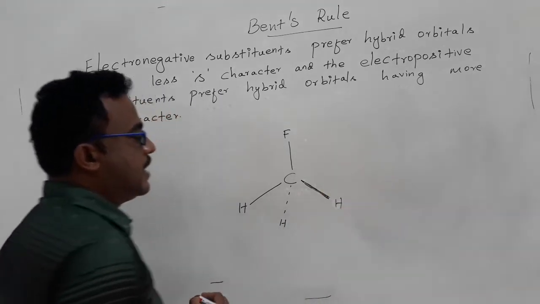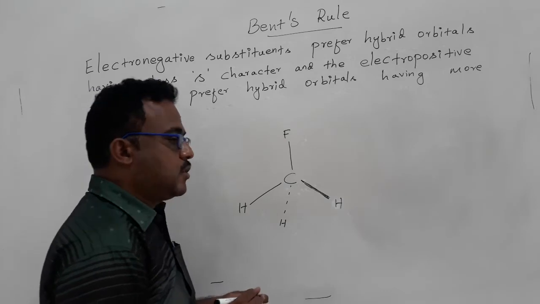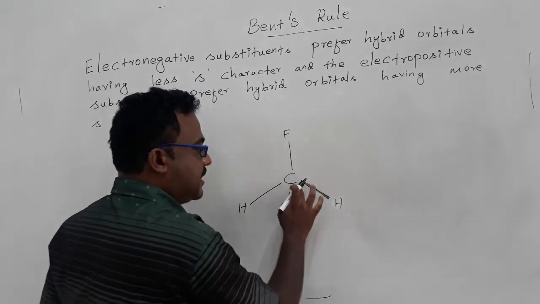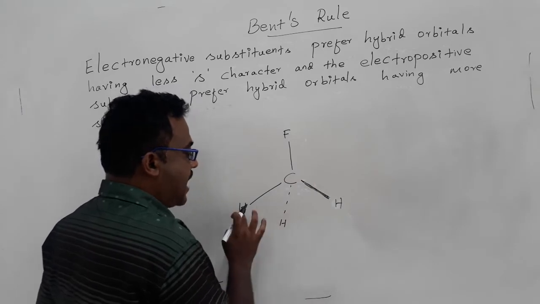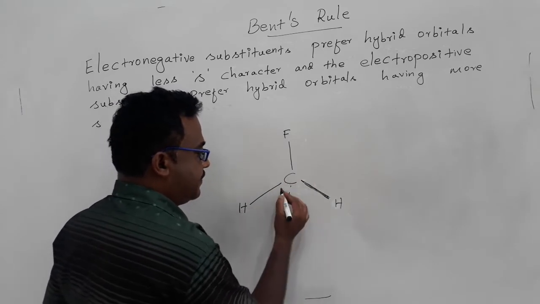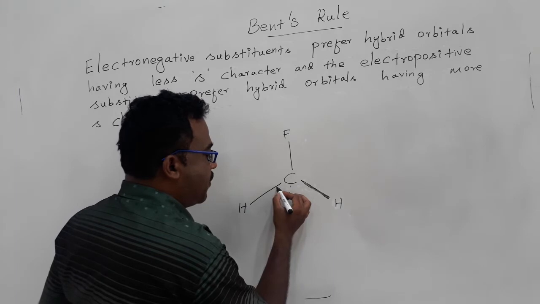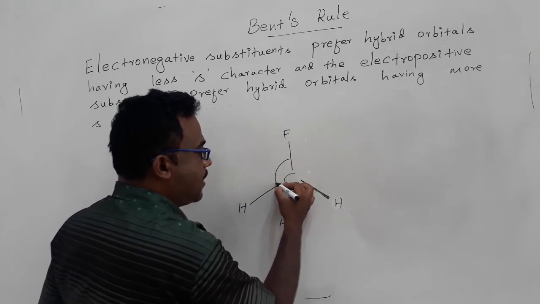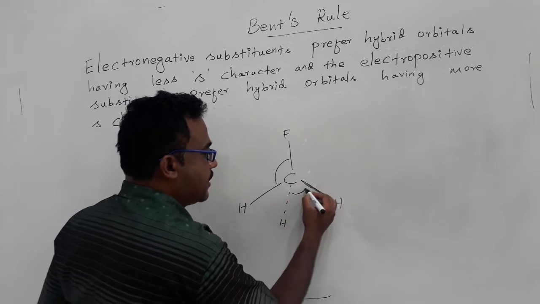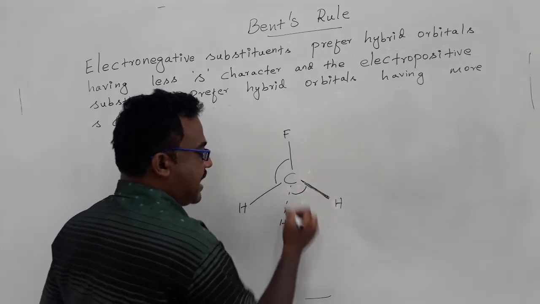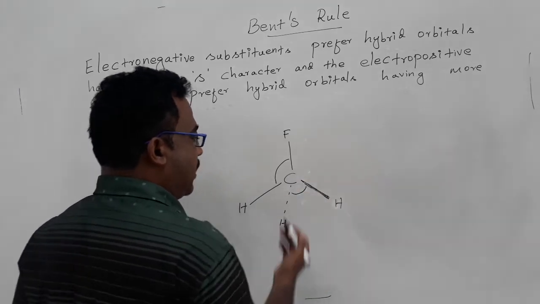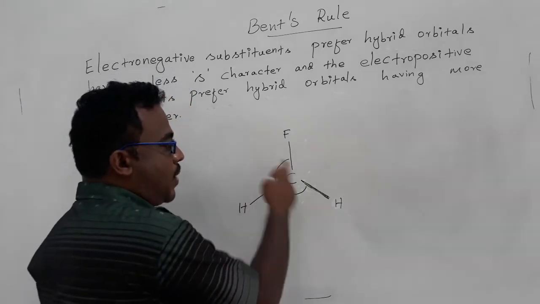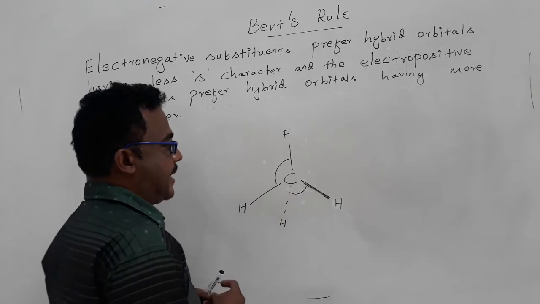Methyl fluoride. In this molecule, of course, you have to expect two different bond angles. One is FCH and another one is HCH. If you consider this one, it has one bond angle and the other has this one. Any one of you can take it and find out the bond angle, and discuss which one has a higher bond angle.